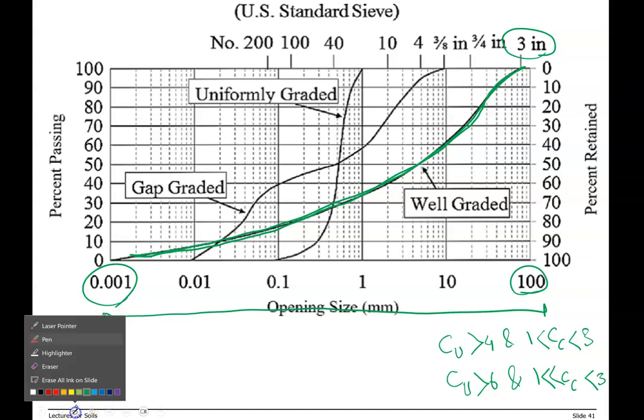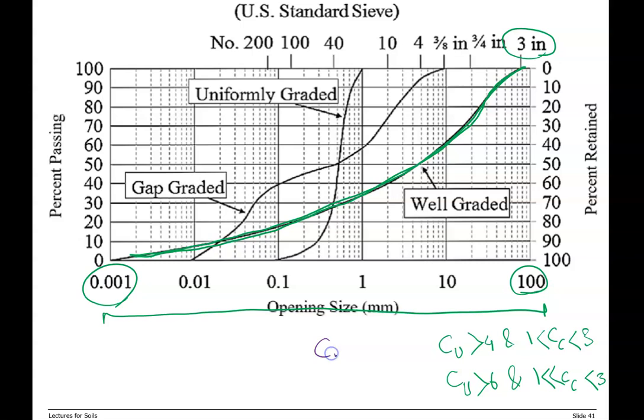Then we said that if Cu is close to 1, then we have a uniform sample. So if you look at this gradation curve, the range of particles is between 1 millimeter and 0.1 millimeters. Very small range of particles. So we can actually try to calculate Cu for this sample. Coefficient of uniformity is D60 divided by D10.